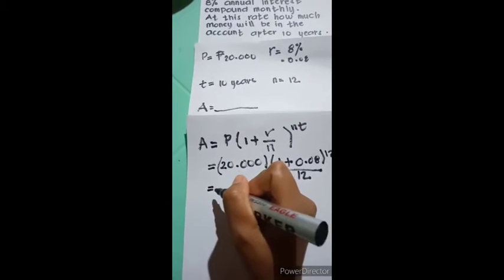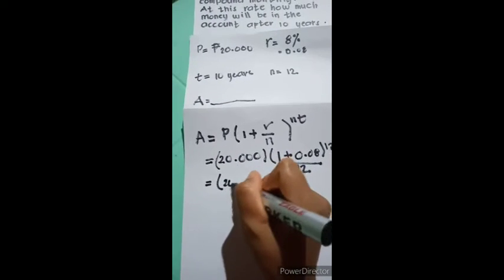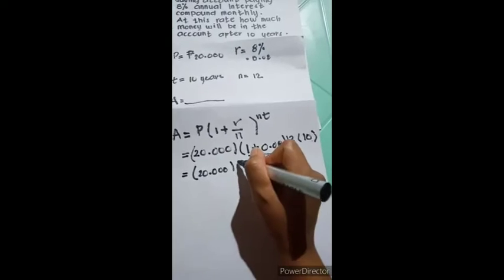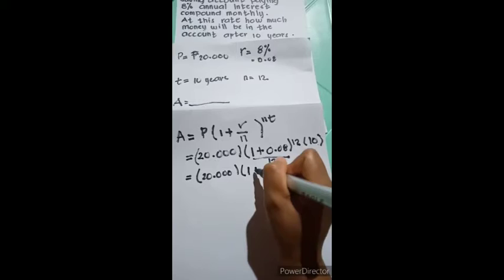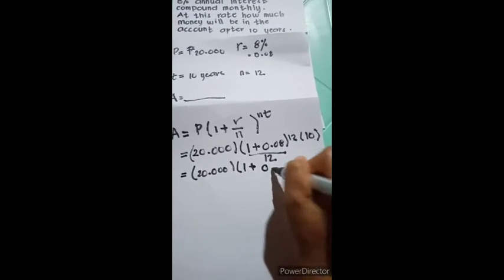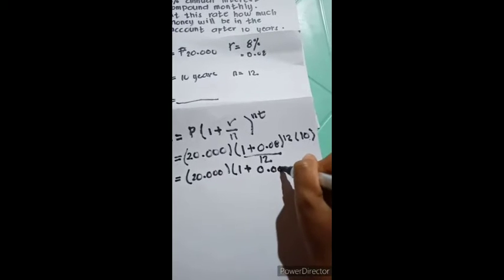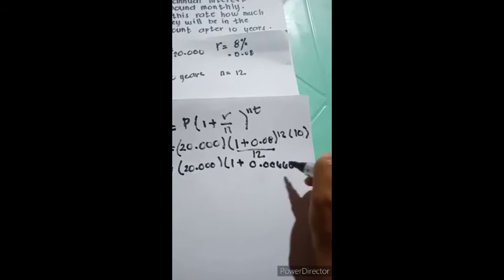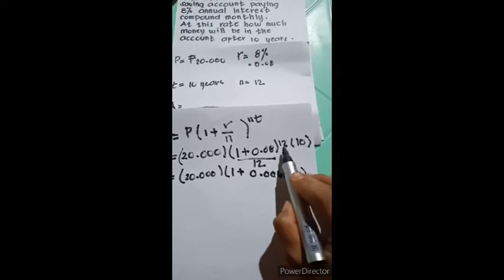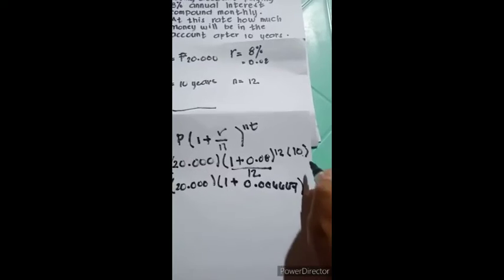Then we are going to have 20,000 times 1 plus 0.08 divided by 12, which is 0.006667. 12 times 10 is 120.